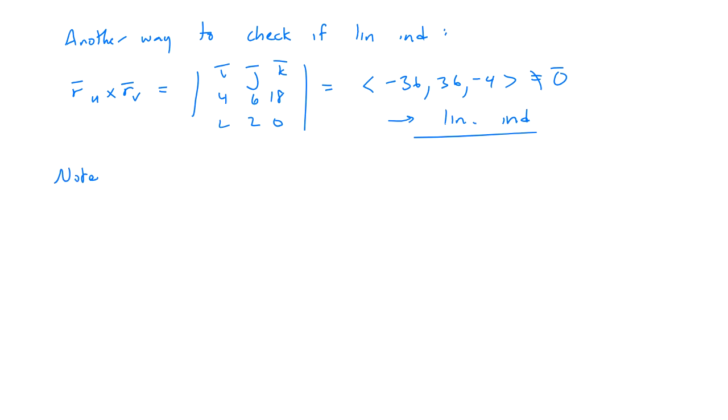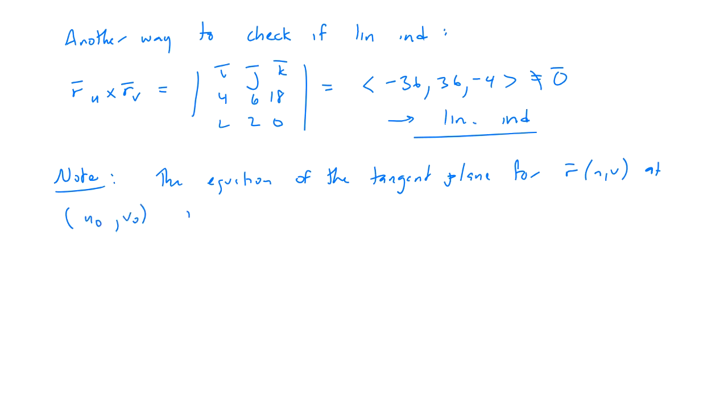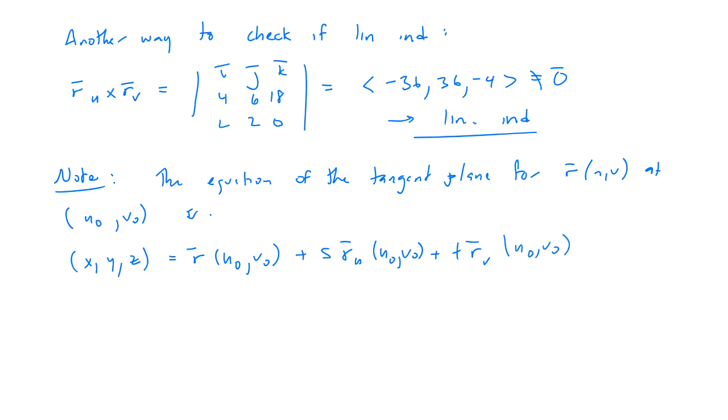So a little note, which is one of the things we get with these two partial derivatives, if we are in the parameterized form, and we'll do it with the numbers here so you can see it more clearly, is it lets us pretty easily get the tangent plane in a different way.